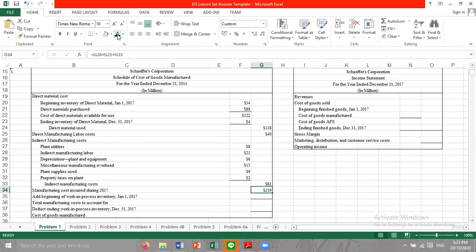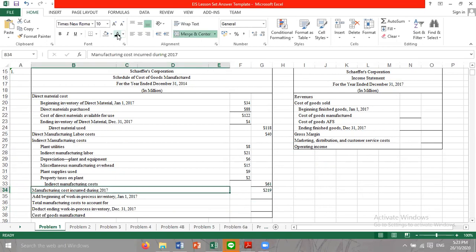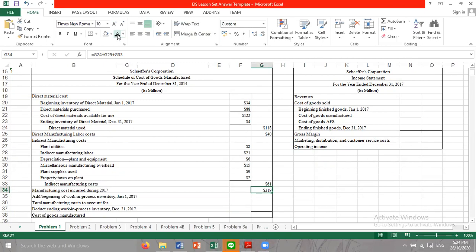So to find not the cost incurred, but the cost of goods manufactured, we would have to add the value of the beginning work in process inventory to the manufacturing cost incurred and deduct the ending work in process inventory. So this data is already given by the question.